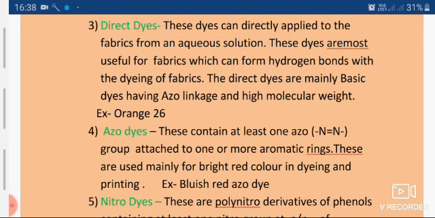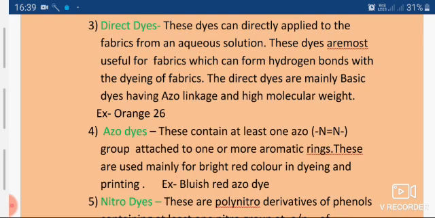The direct dyes are mainly basic dyes having azo linkage and high molecular weight. It means they contain the N=N azo linkage, and they also have high molecular weight. The example is orange 26.